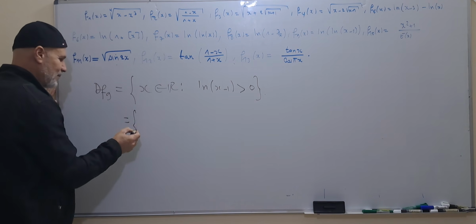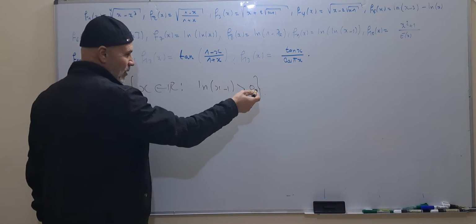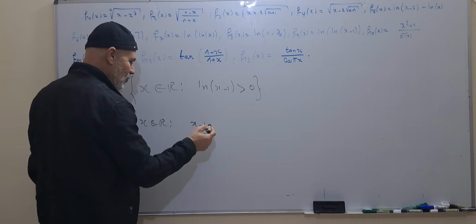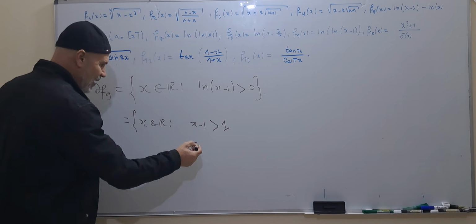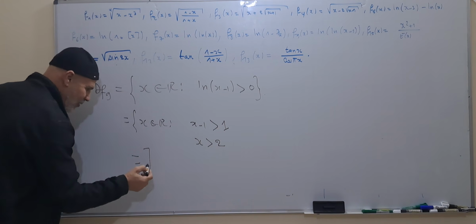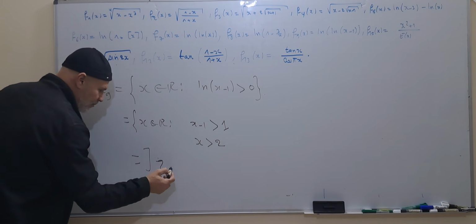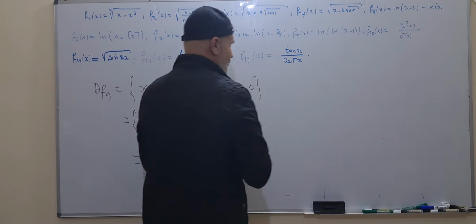This means that x minus 1 is greater than 1. This means x greater than 2, and the domain of definition becomes 2 plus infinity. I told you it is easy.